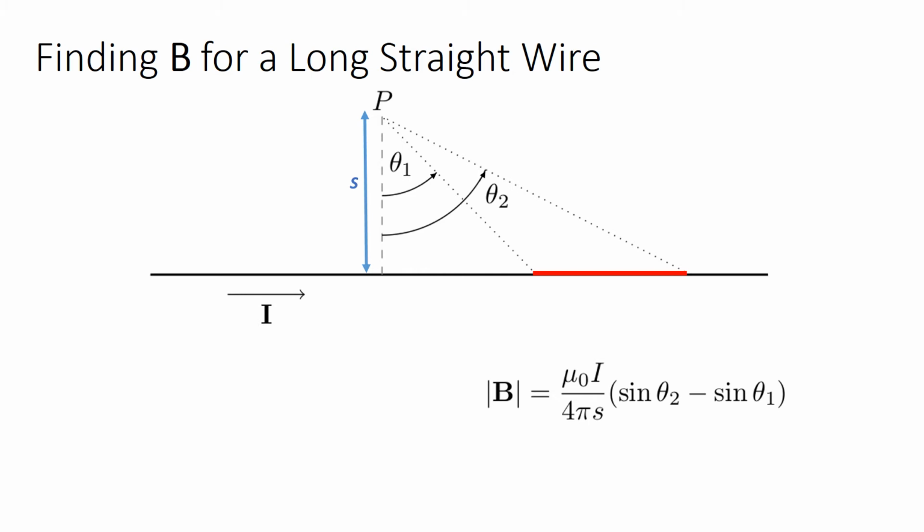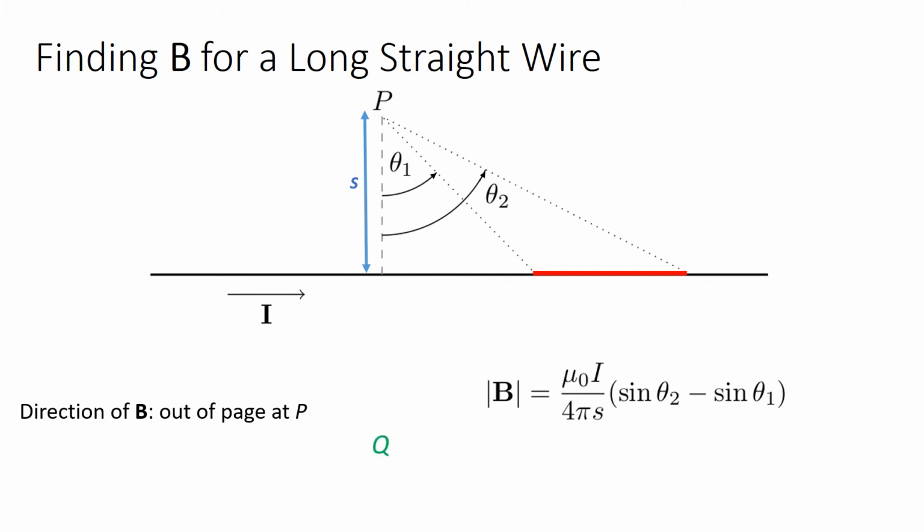And this quantity is multiplied by the difference between the respective sines of theta 2 and theta 1. Since the current is flowing to the right through the wire, we know that the direction of the magnetic field at P will be pointing out of the page.